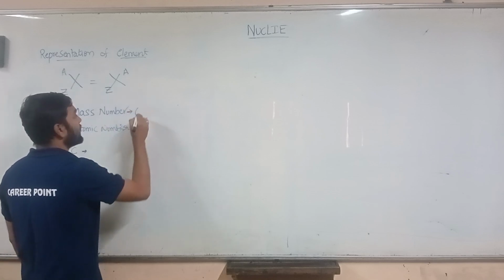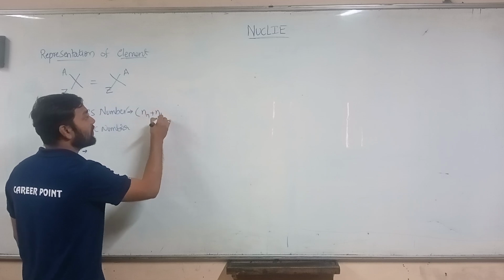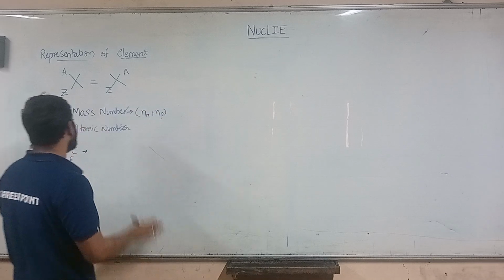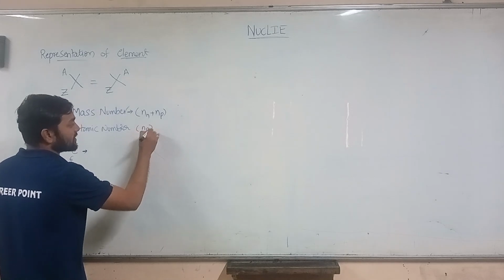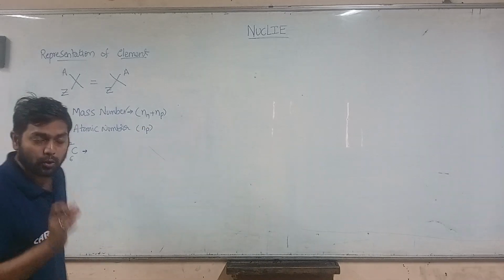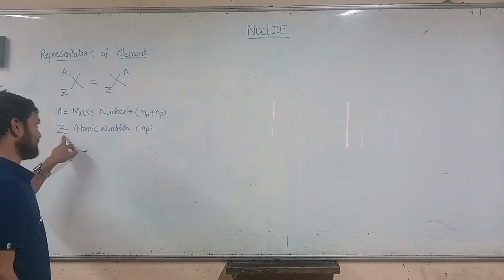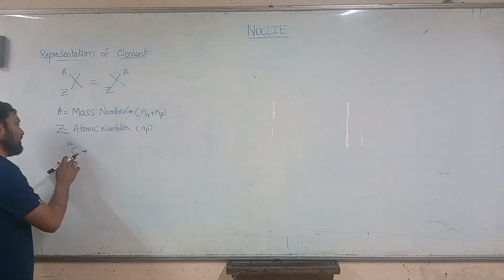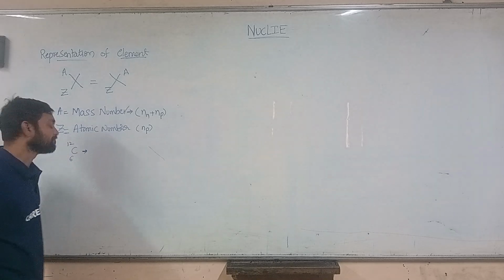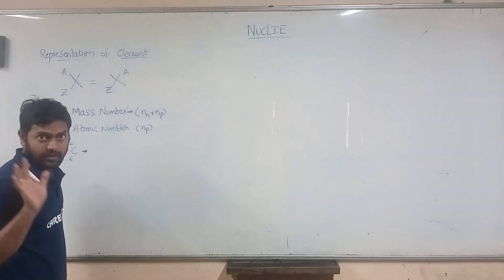The atomic number is the number of protons. So how many protons are there in that element is represented by Z, and the mass number is represented by A. Here we have carbon-12, with C as our carbon, which is an element, right?